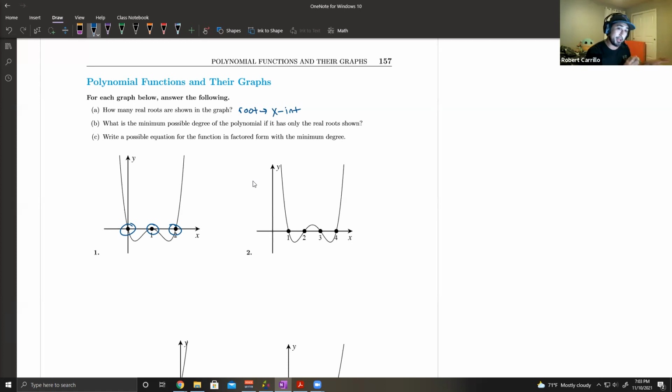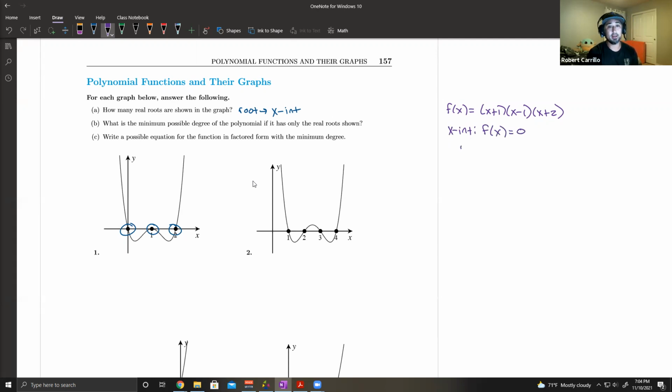When I say work backwards, let me show you the process that we're actually used to. Remember, let's say I have a function, f of x equals x plus 1 times x minus 1 times x plus 2. If you wanted to find the x-intercepts, you would let f of x, or y, equal 0.